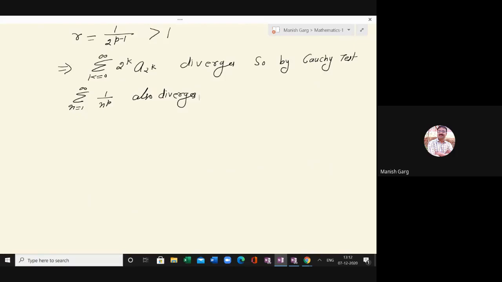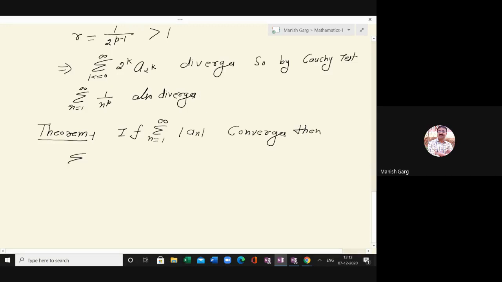Okay. Now there is one more theorem. This theorem says if you have a series n is equal to 1 to infinity mod an converges, then this series n is equal to 1 to infinity an also converges.